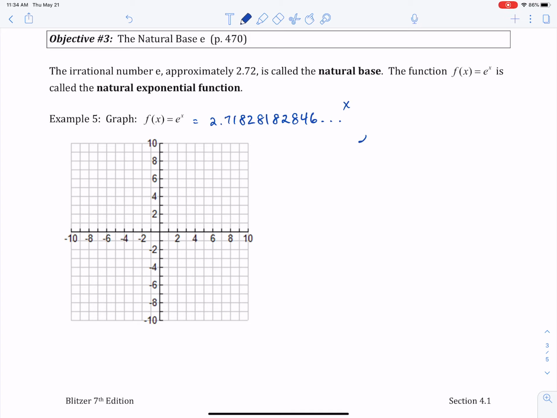And this number is between the numbers 2 and 3, so the graph of e to the x is going to be somewhere between the graph of 2 to the x and 3 to the x.